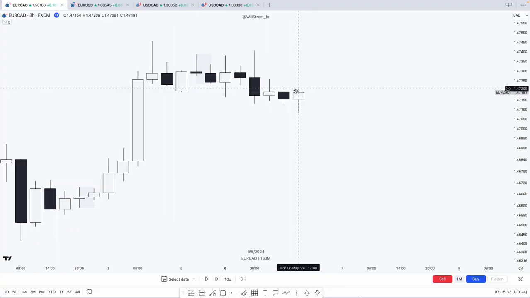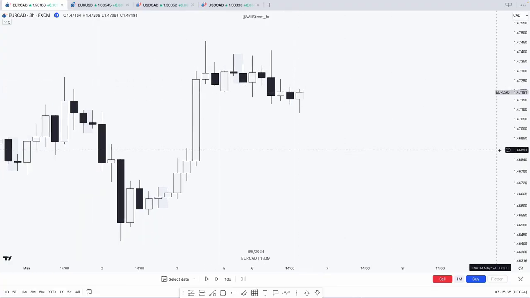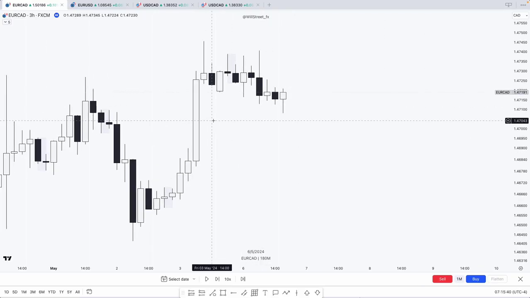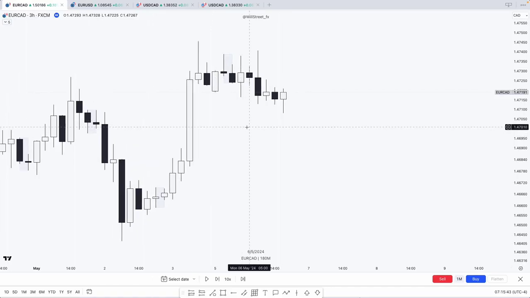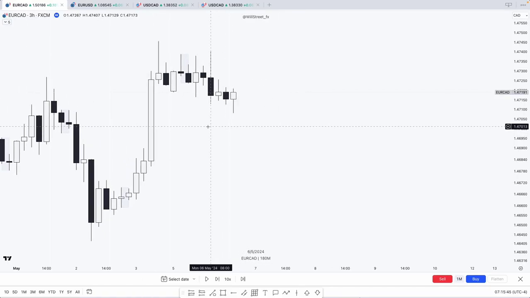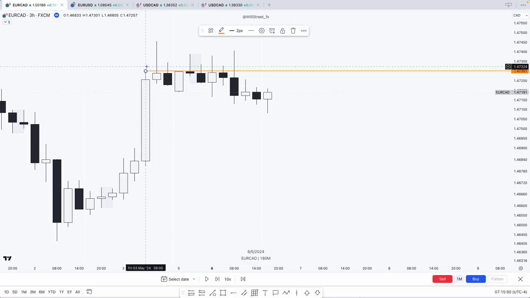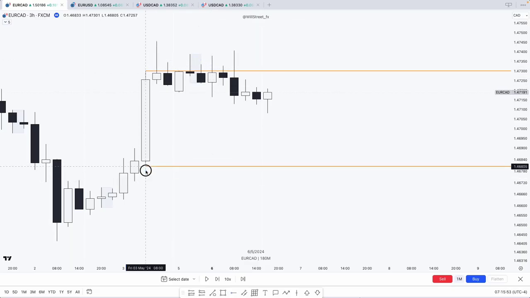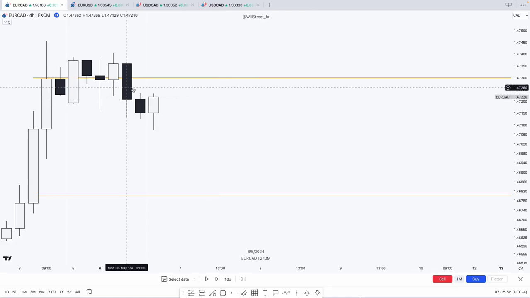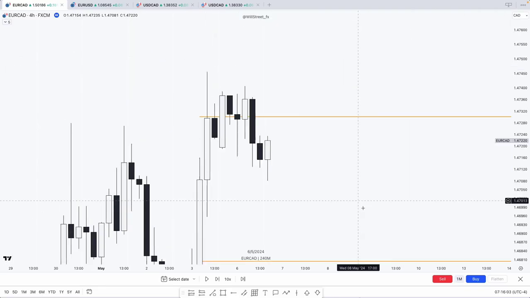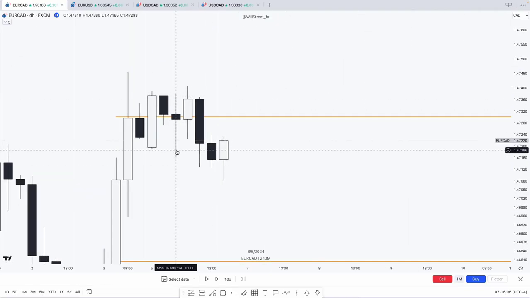Okay. This one. So this is a range. This is London, look at the time, 1 AM expansion and 5 AM expansion.